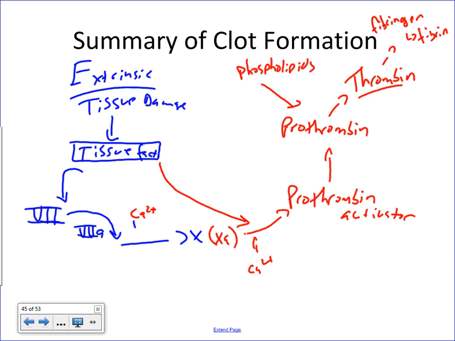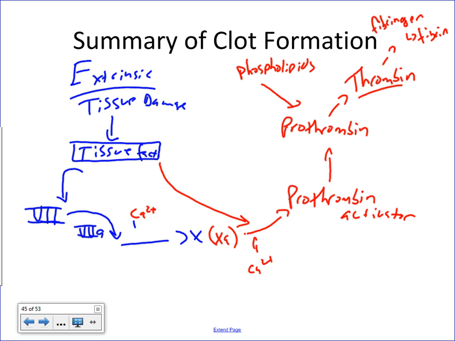Bear in mind the platelets are going to be in this area, and as these platelets are sticking together and plugging this hole, they may be breaking apart, and then phospholipids from the membranes and the platelets themselves are either going to leak out or be secreted out of them because they have Golgi in them. As a result, when you combine those with prothrombin, you get thrombin.